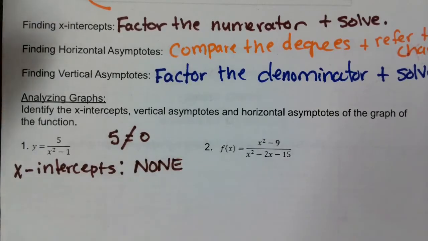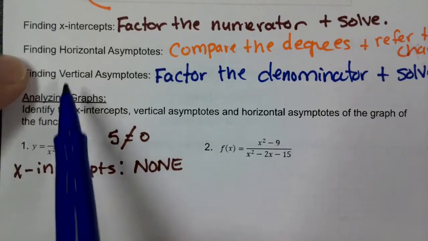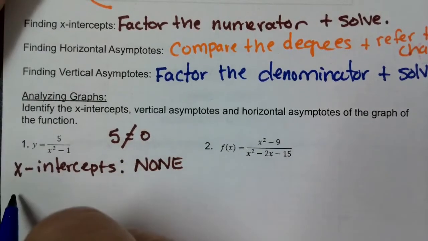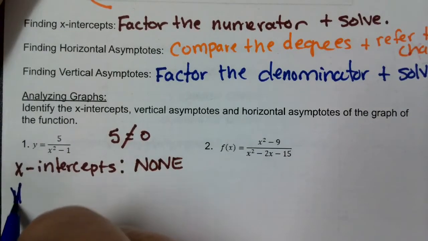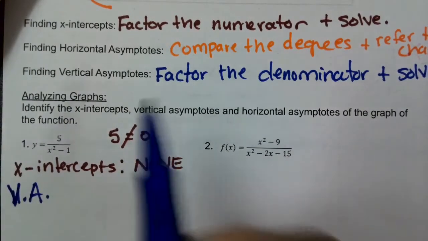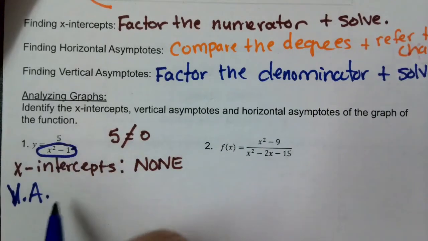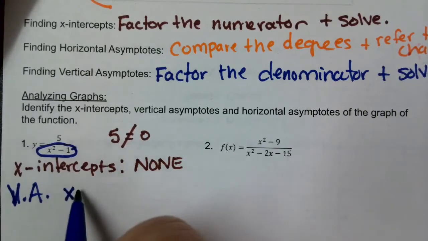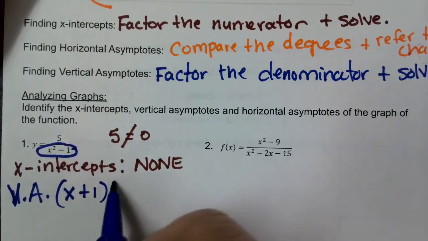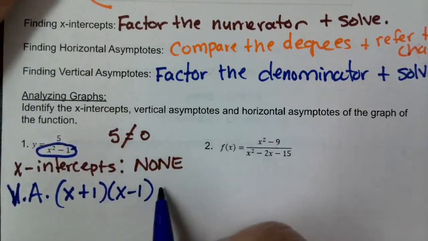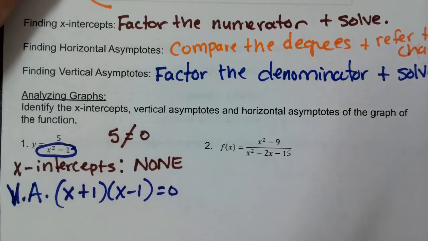Okay. Then we want to look at the vertical asymptotes. I keep saying it wrong, because that's factoring the denominator. So look at our denominator here. We have x plus 1 times x minus 1, because that is a difference of two squares.